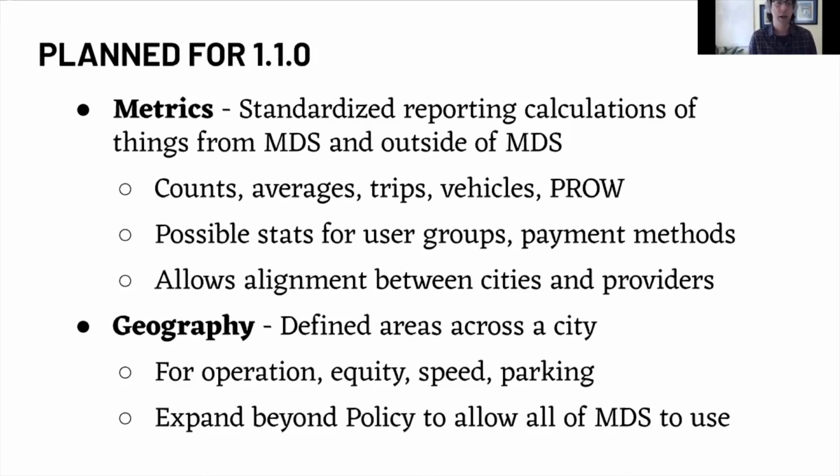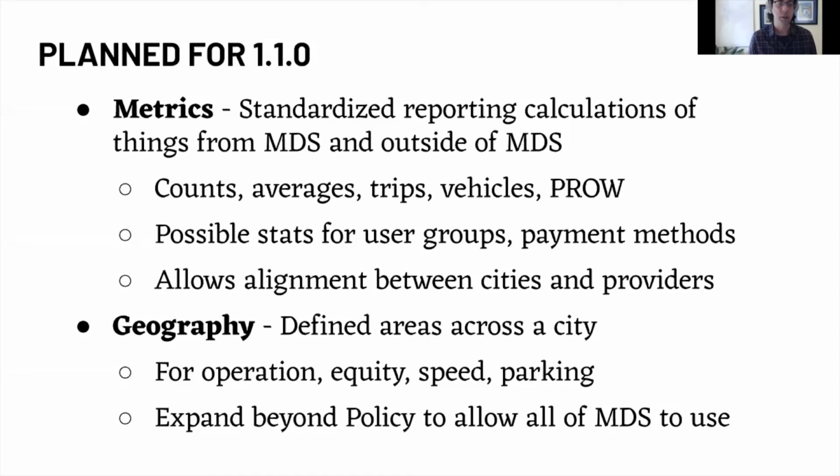And it also allows alignment between cities and providers with some of the definitions around these counts, which can, depending on how you slice and dice things like averages and times and other things that cities want to count and potentially even charge for, you can get different numbers, whether you're looking at MDS or reports from dashboards or CSV files that are sent to cities. So this helps with that alignment.